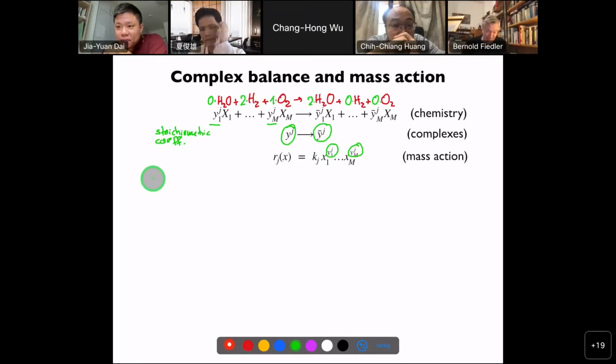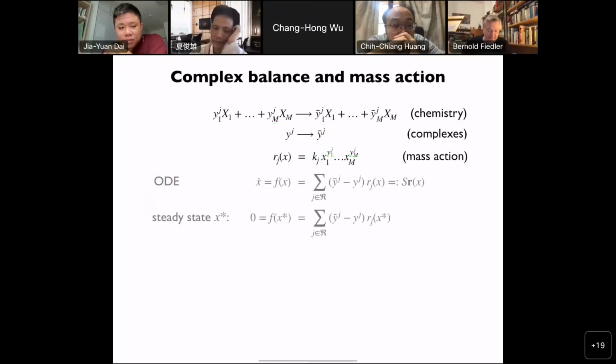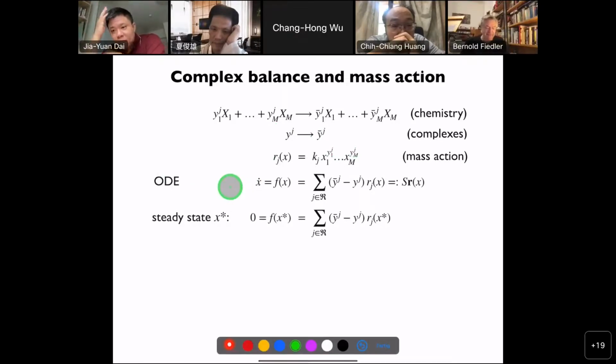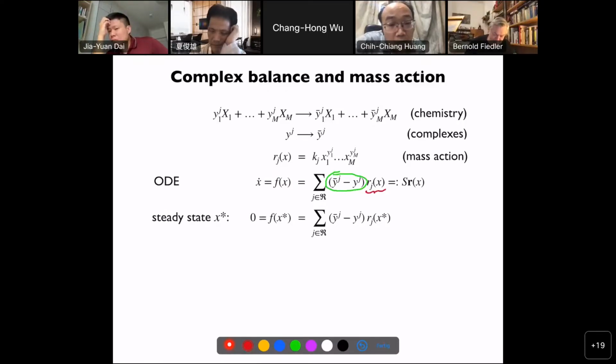Okay. So now we have a differential equation, and a differential equation tells us how the concentrations, X1 is the concentration of the chemical X1, and X2, etc., change with time. And it is the reaction rate. So here you have the stoichiometric coefficients, and here you have the scalar rate for each reaction j.